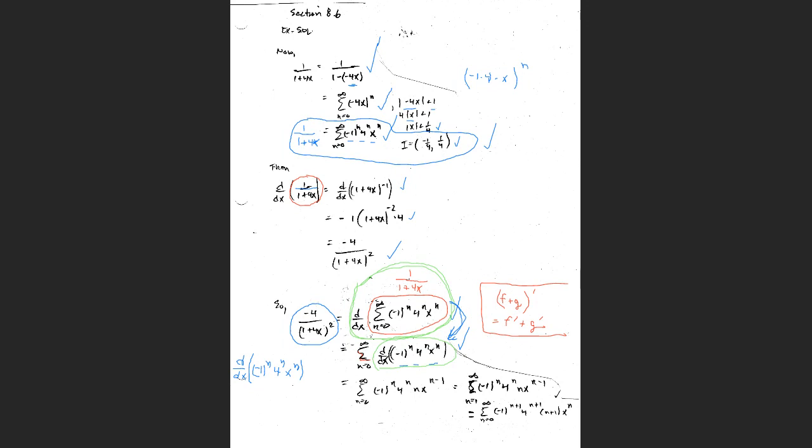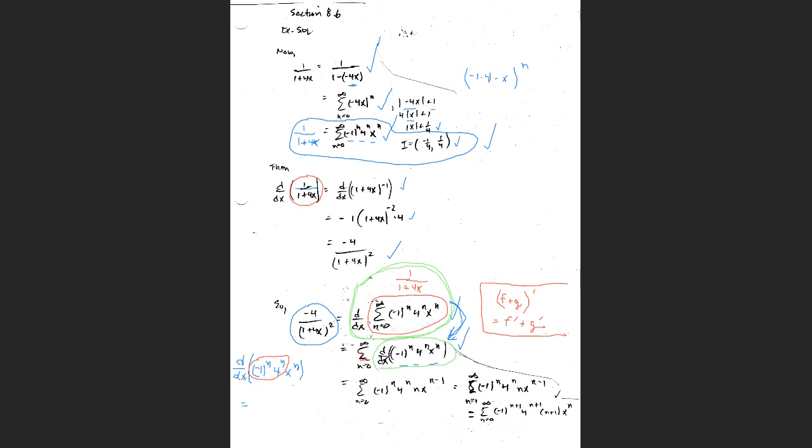How do I treat negative 1 to the nth power times 4 to the nth power in regards to x? They are treated as what in regards to x? Constants, that's right. Very good, Rodrigo, very good, Kahindi.